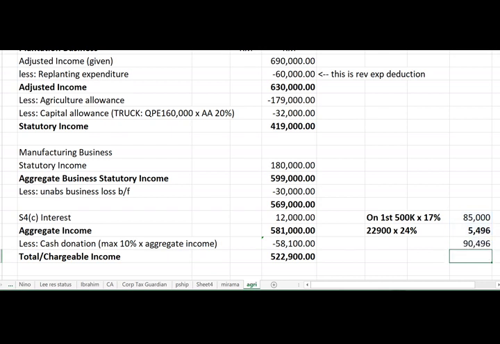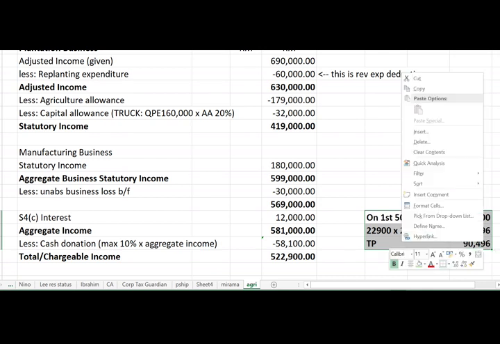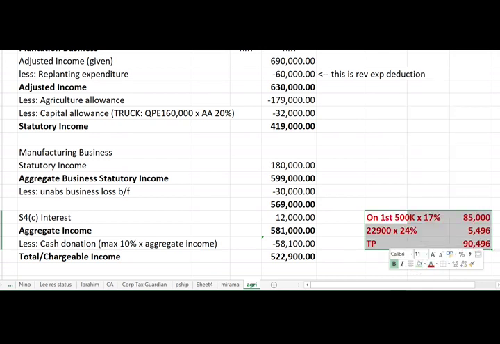And that will be my tax payable. Okay, so I'm just showing the tax payable at the side here, so that you find it easier to refer. And that's our agriculture allowance, and we're done.